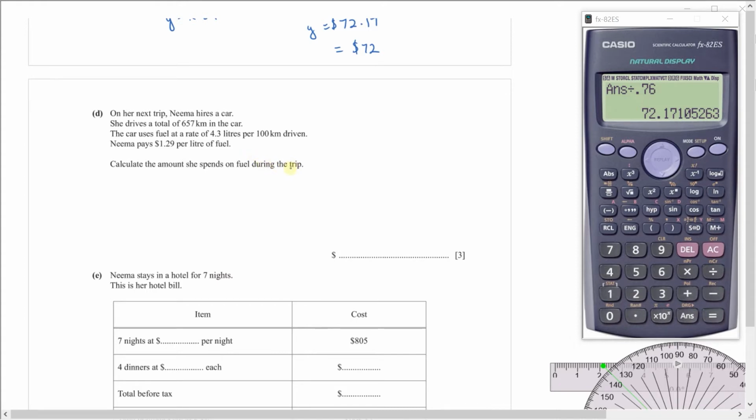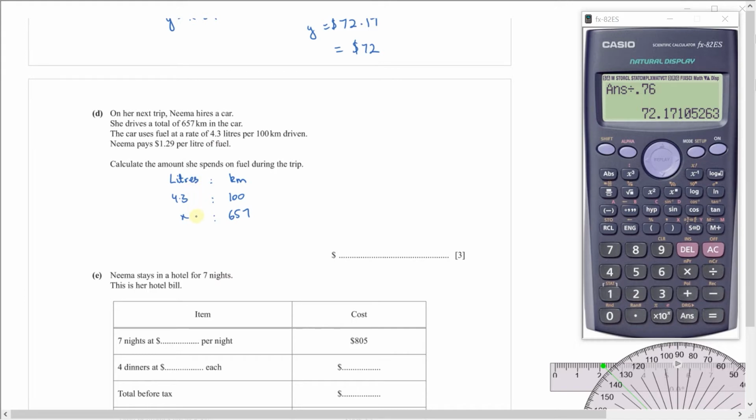So first we need to calculate how much fuel she used. So you have liters ratio kilometers. The car for every 100 kilometers it uses 4.3 liters of fuel, and she drove 657 kilometers. So we need to find out how much fuel was consumed when driving 657 kilometers.